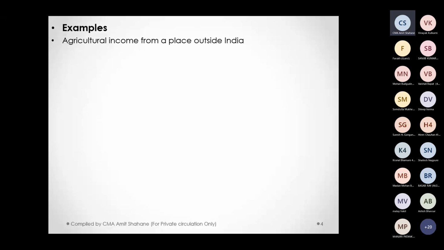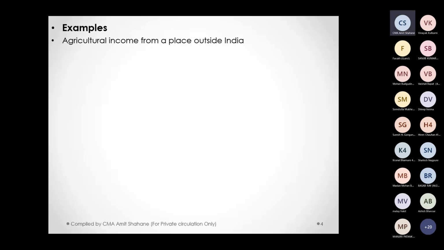Going ahead, I will start with some of the examples. Now, you are aware that under section 10, subsection 1, agricultural income in India is exempt from tax. Correct? But what if you have a land outside India and you are getting agricultural income from that land? For example, let's say you have agricultural land in Switzerland, and you are getting agricultural income.